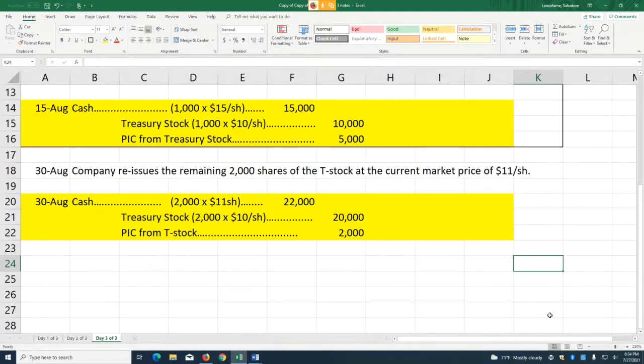So now I'm going to give you a new August 30th. We're back to, maybe we still have 2,000 shares, but now I'm going to change this. Instead of 11, I'm going to put something like 8, and see what would happen if we sell below the pivot. So let's redo August 30th.